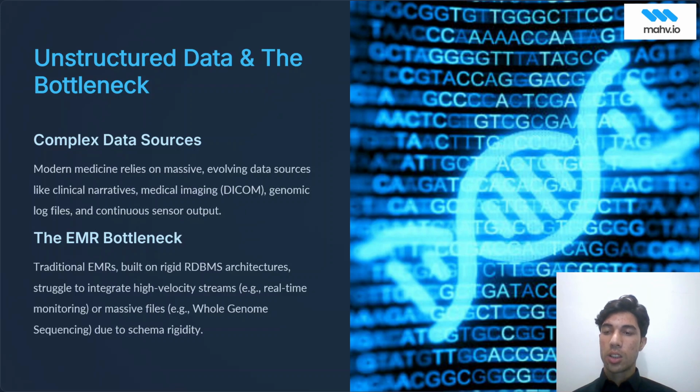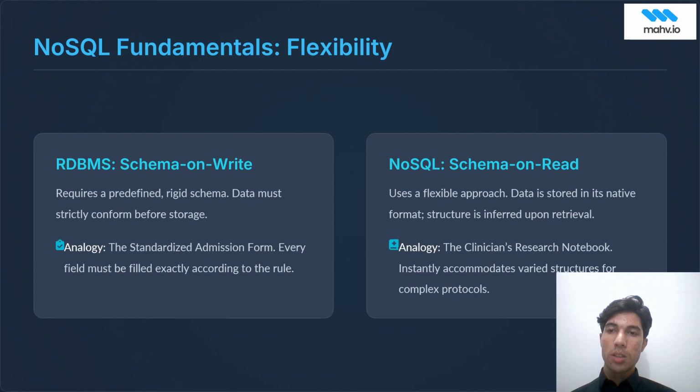But because traditional EMRs are built on rigid relational database management system architectures, they struggle to integrate high velocity streams like real time monitoring and also massive files like whole genome sequences, because of schema rigidity. So, to solve this problem, we must look at how the data is stored.